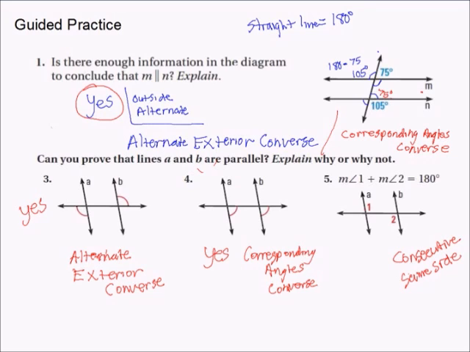And being that angle 1 and angle 2 are not on the same side of each other, this is a big fat no. This is a no because you don't have consecutive angles. You don't have same side. So number 5 would be a no.